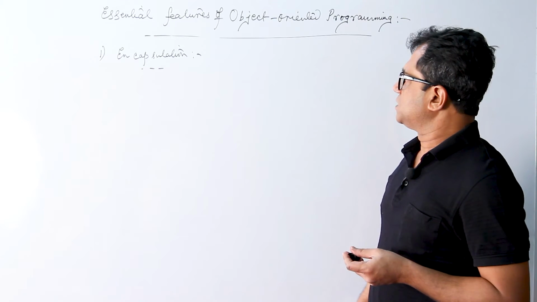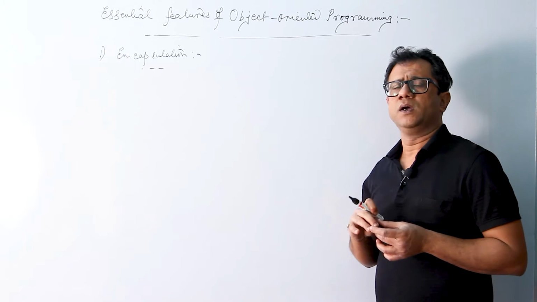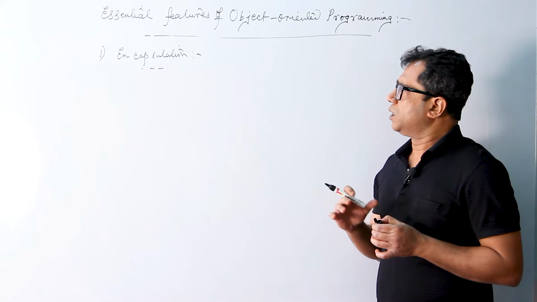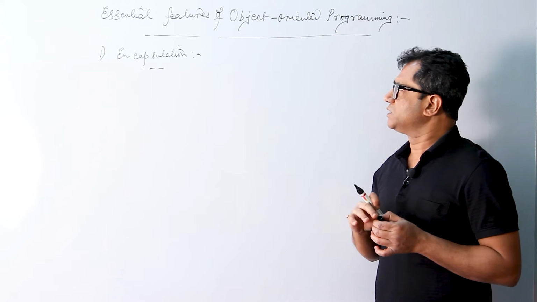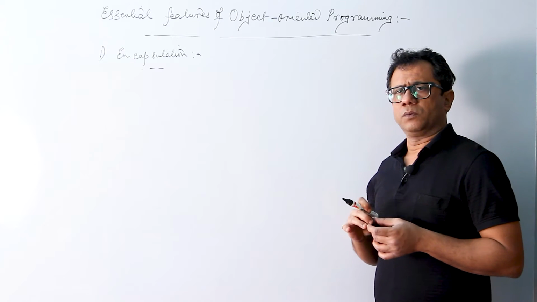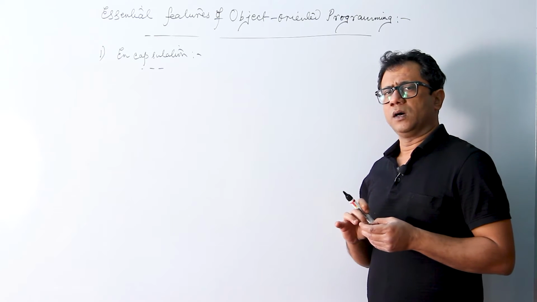But we are going to deal with C++ now, and this is an introductory part of our discourse to C++. So we will get on with the essential features of object-oriented programming in order to get deep inside the C++ programming language.